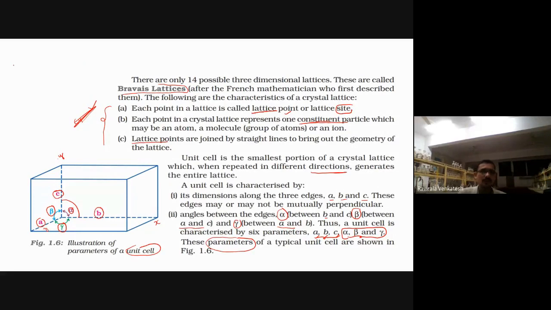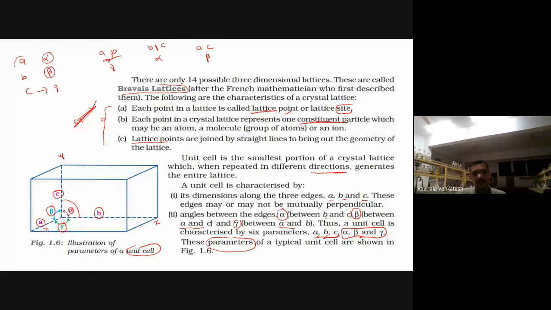For example, A, B, C and alpha, beta, gamma. Between A and B, C is not there, so C's angle, gamma, is taken between A and B. Between B and C, we don't have A, so alpha is taken. Similarly, between A and C, B is not there, so you put beta.